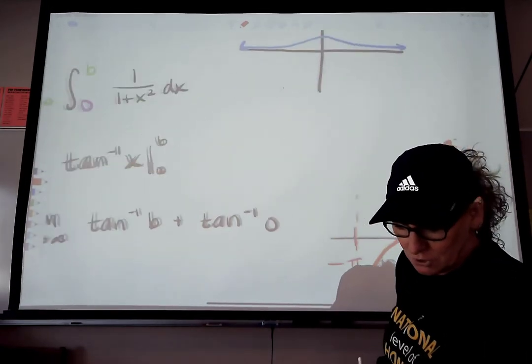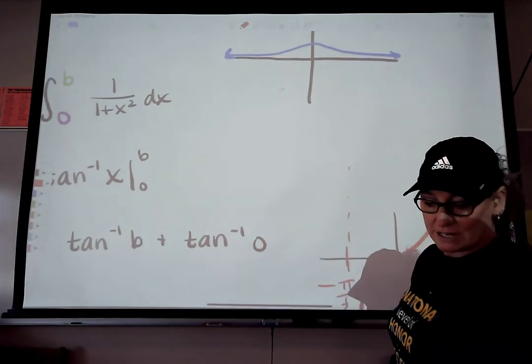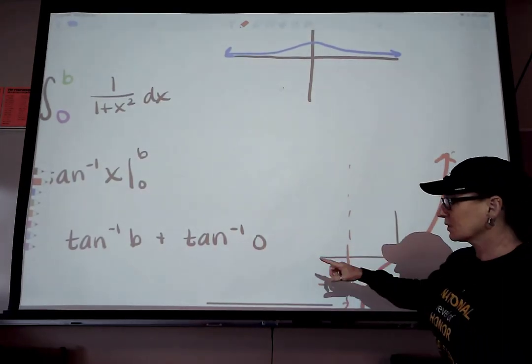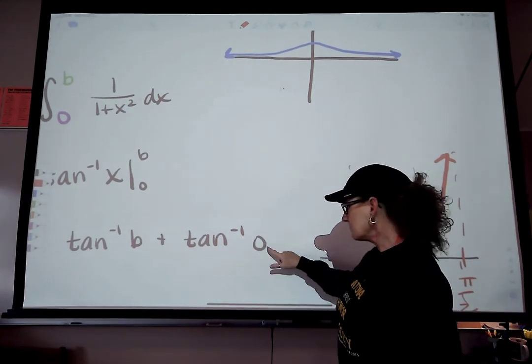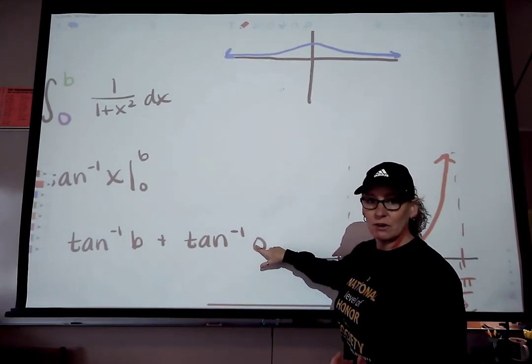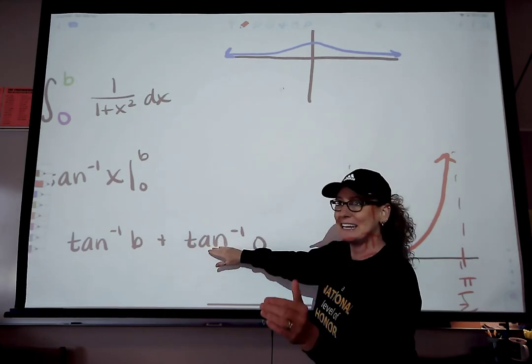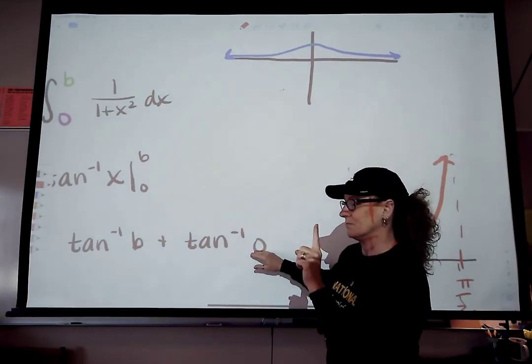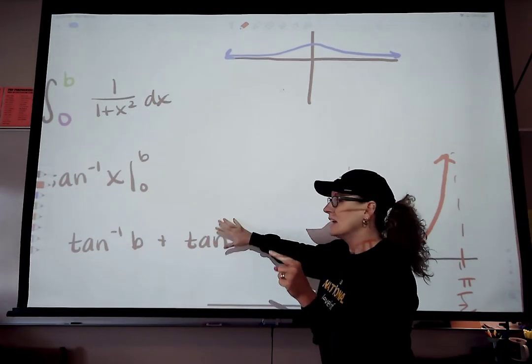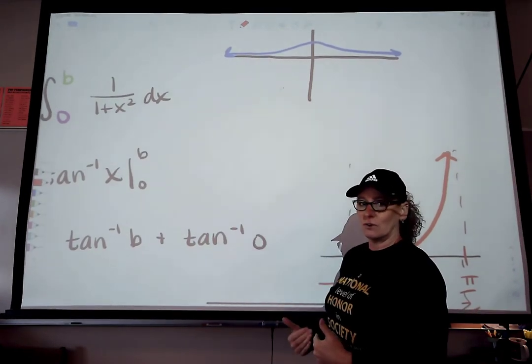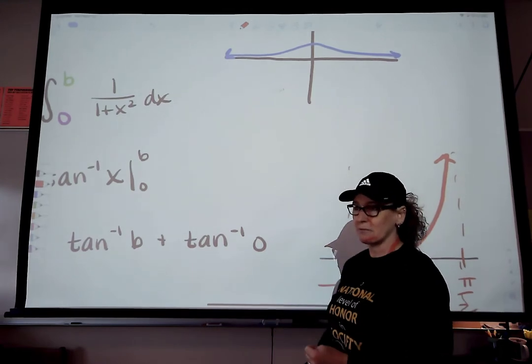So for example, when I go to evaluate tangent inverse of 0, remember inverse means your places have swapped. This is not your angle. If this were just plain tangent, this would be your angle. This is your fraction. So this question is asking, give me the angle where our tangent fraction is 0.